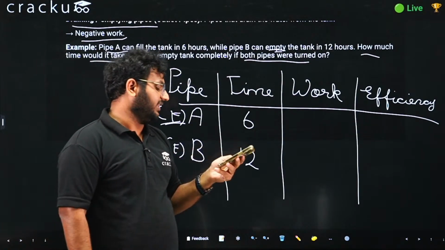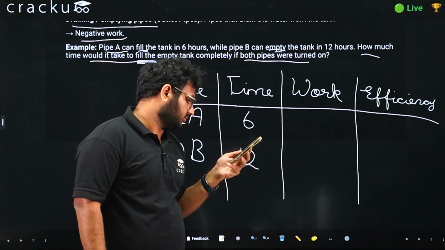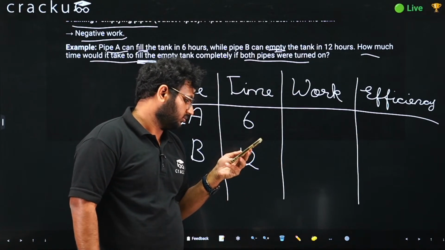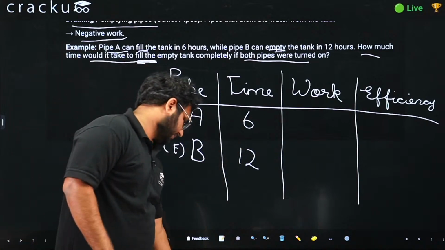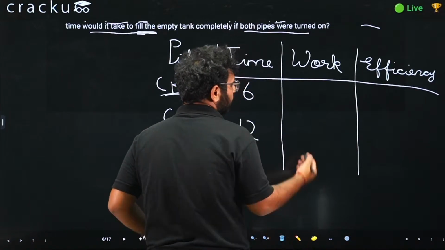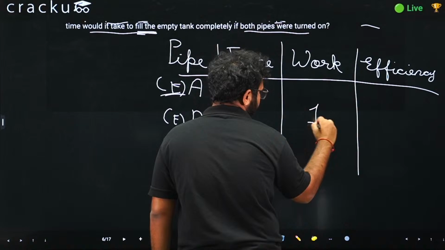So let us solve with the LCM method. Okay, Shushmita, let us take work to be 1. Shushmita told that we have to assume work to be 1.